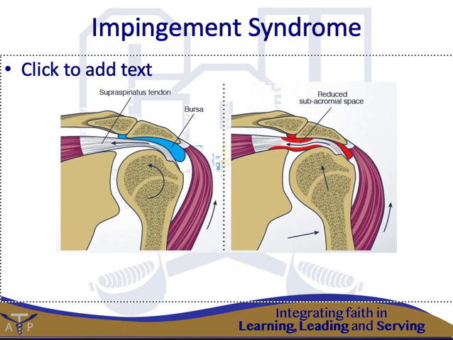We can see here in this picture on the left-hand side, this is what normally occurs. So blue meaning good. We have the bursa within the glenohumeral joint, and we can see the supraspinatus tendon coming in on the left-hand side, as well as on the right-hand side. That is the biceps brachii tendon coming up on the humerus there.